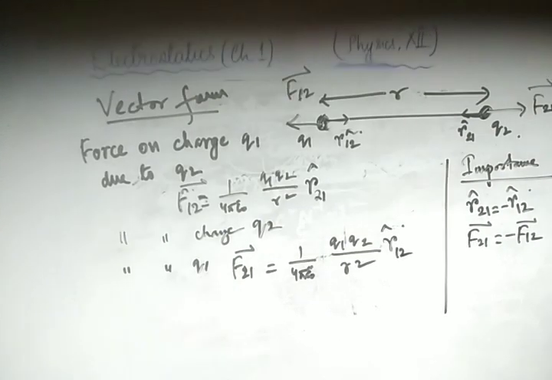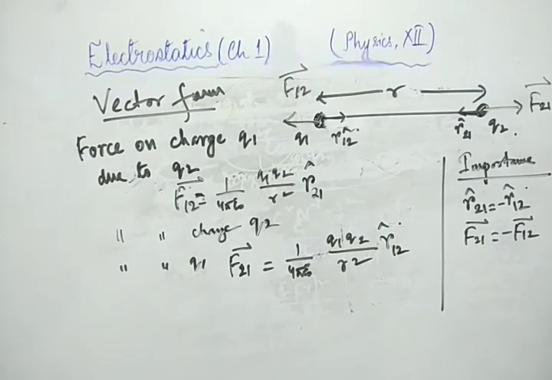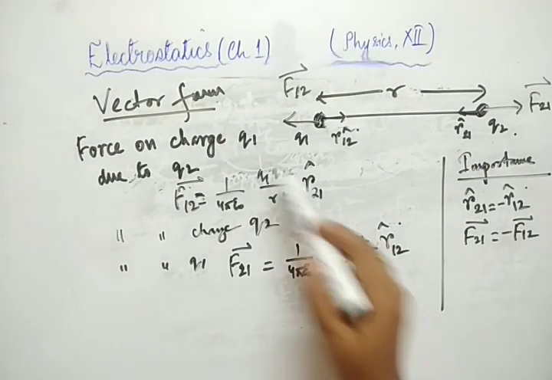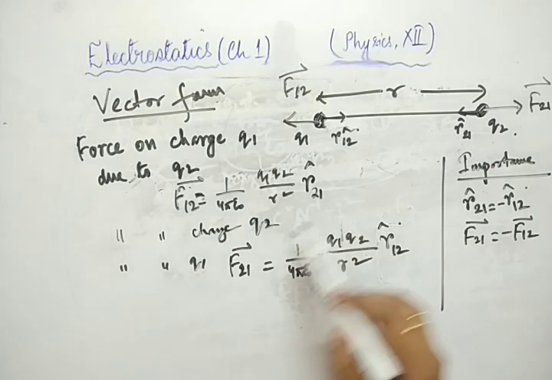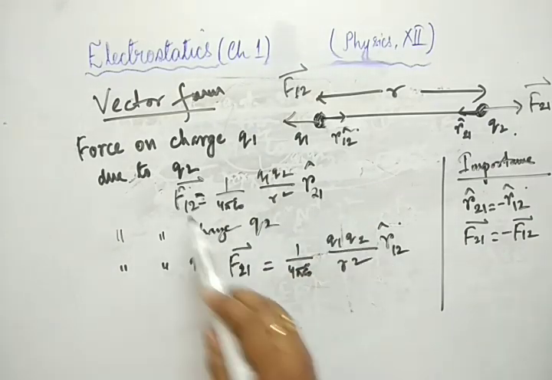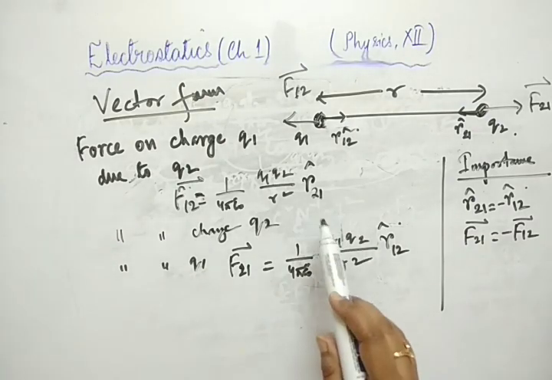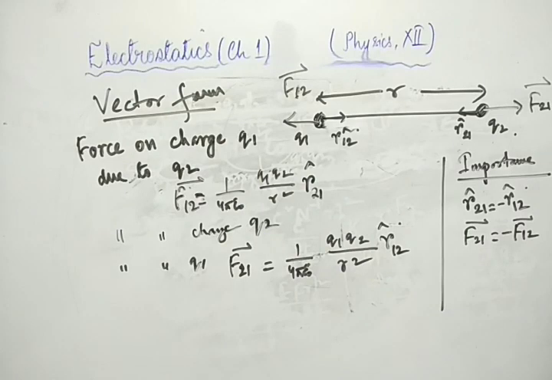That means another law is obeyed here, that is Newton's third law. Newton's third law is obeyed because these two are equal in magnitude. The total thing is the same in both cases. Only the unit vectors and the notations are different, but the unit vector has magnitude 1. It is only signifying the direction of the force. So these two are of equal magnitude but in opposite directions, so Newton's third law is obeyed.